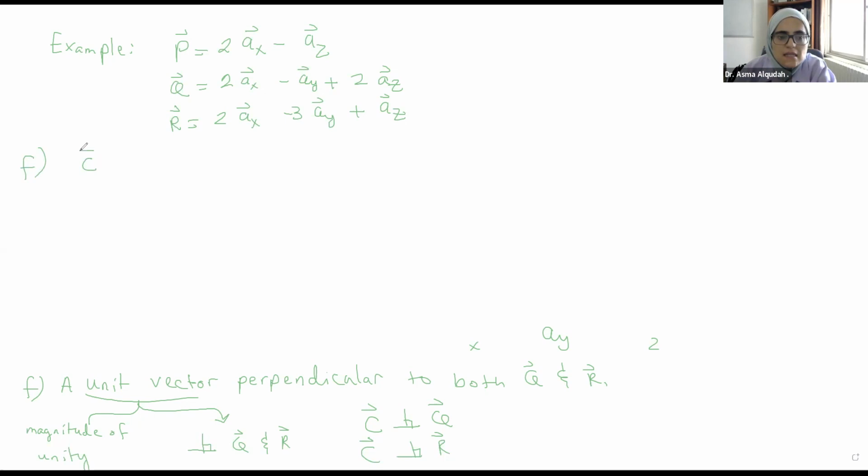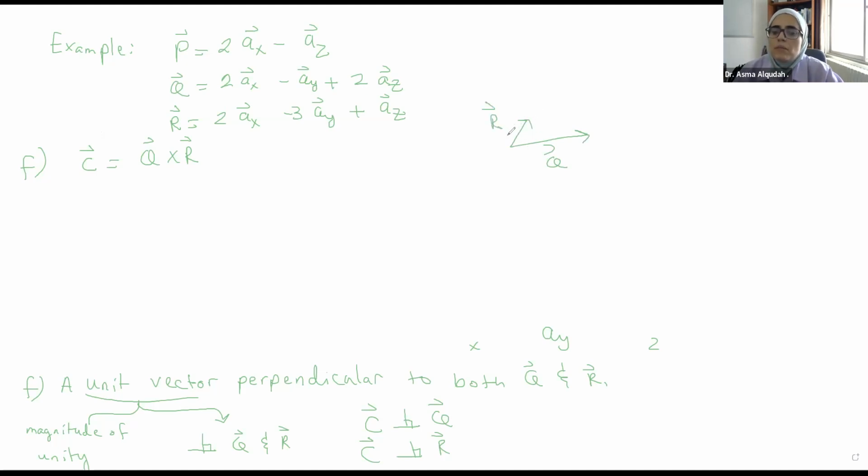If we say C is equal to the cross product between Q and R, then the cross product between Q and R should give us a vector that is perpendicular to both Q and R and the whole plane containing Q and R. So let's say this is vector Q and this is vector R, for example.